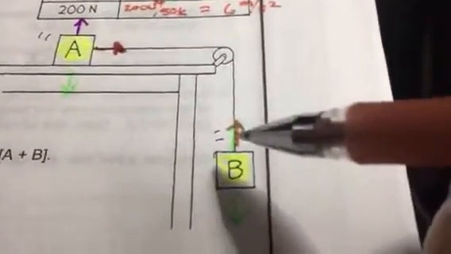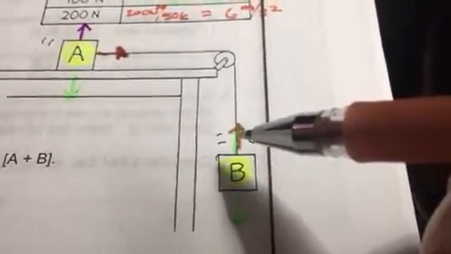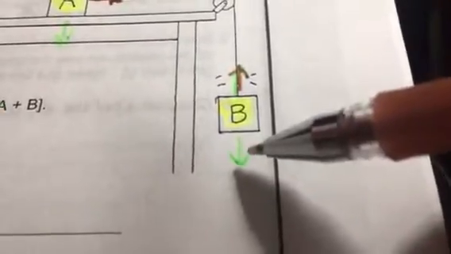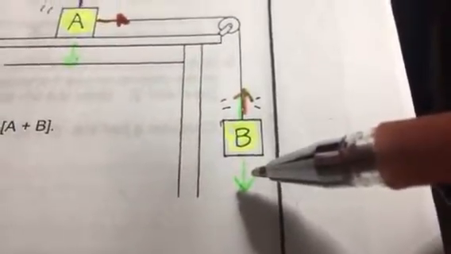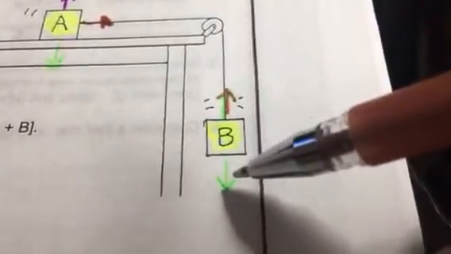And that tension is constant through the string, so that is the magnitude pulling the block that way. This force is equal and opposite to this force, which is equal and opposite to this force. So the magnitude of this force is the same as the magnitude of this force.